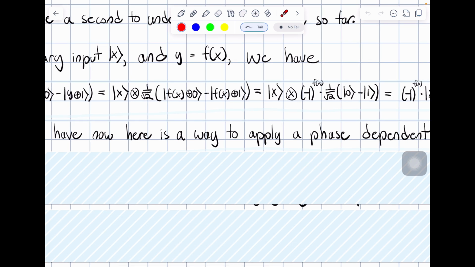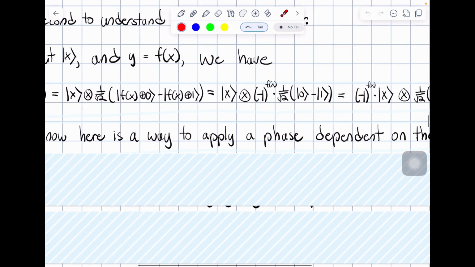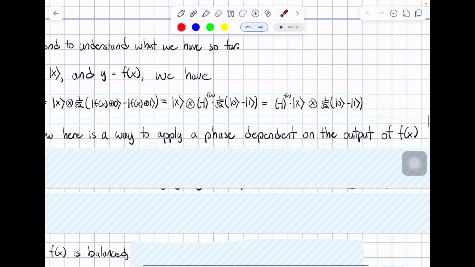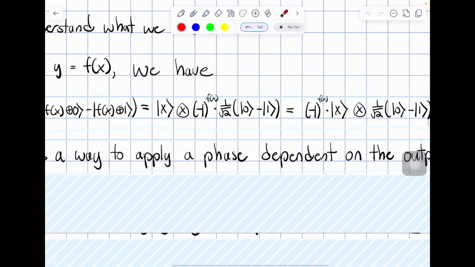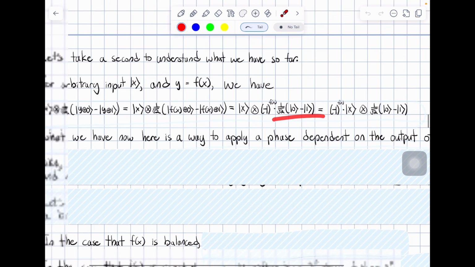And that is going to be equal to x tensor (-1)^f(x), substituting f(x) for y, times the minus state.